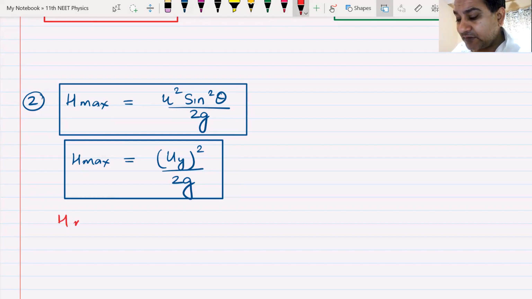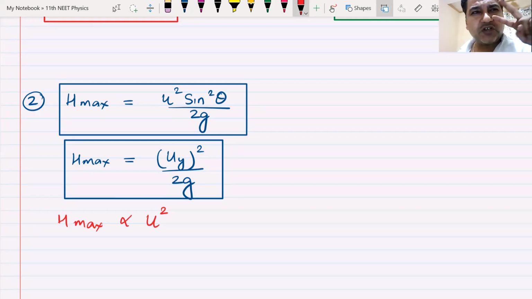H max is directly proportional to u squared. Time of flight is proportional to u. So if you make velocity twice, time of flight will become twice.